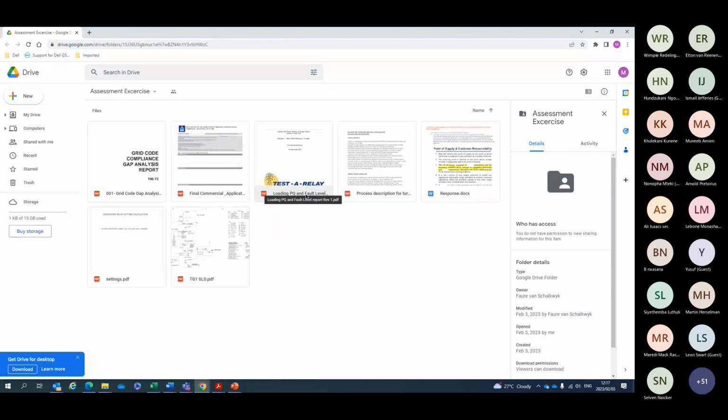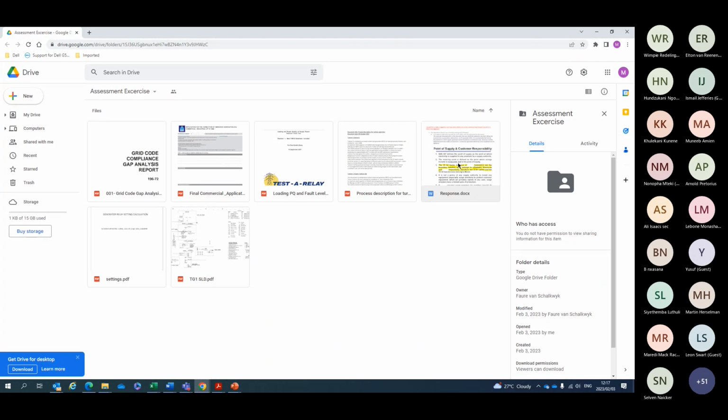I'm not sure even if that is for the plant itself. There's a process description, a single line diagram, and settings. That would be the protection settings. And there's responses, so that's some communications between the customer, the distributor, and NERSA, if I remember correctly.